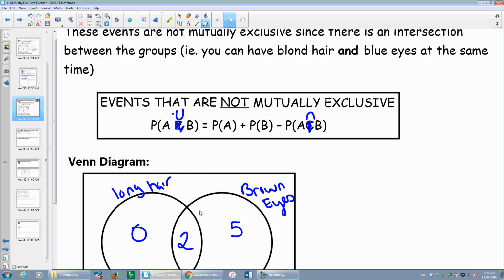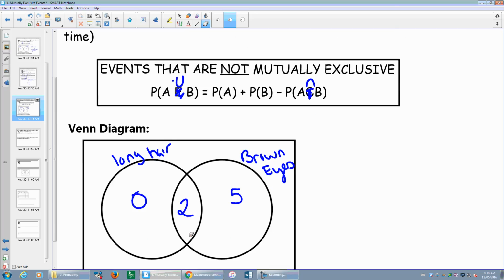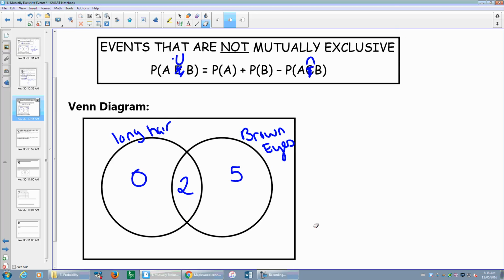Okay, and then I can use here figuring out how many people have long hair or brown eyes. All I would do is just add up all of the sections here.